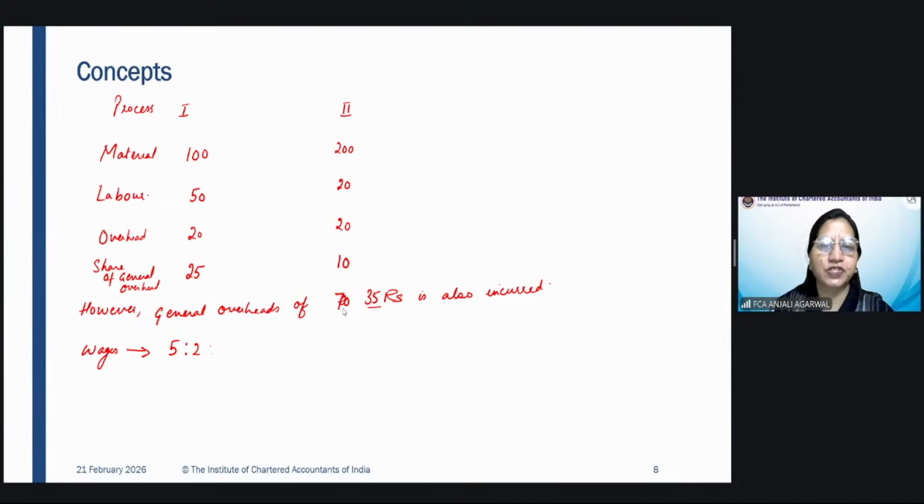Then you have to share or allocate them to the two processes in some ratio, which might be given. Otherwise, you can take wages as the best ratio. So the labor here is 50 is to 20, that is 5 is to 2. So you allocate the general overheads in the ratio of 5 is to 2 to process 1 and process 2.